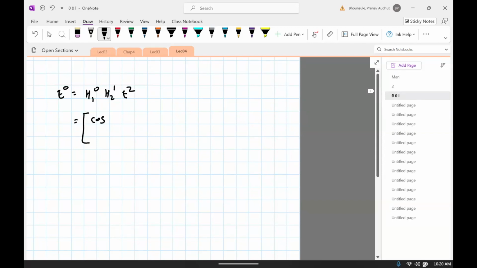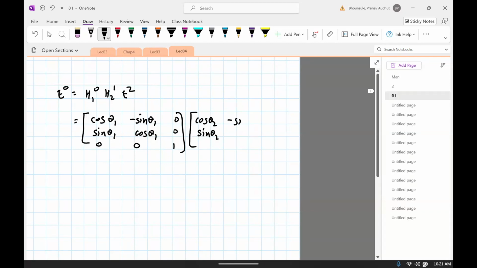This is cosine theta 1, 0, 0, 1. Okay, and then we had L1, 0, 1.